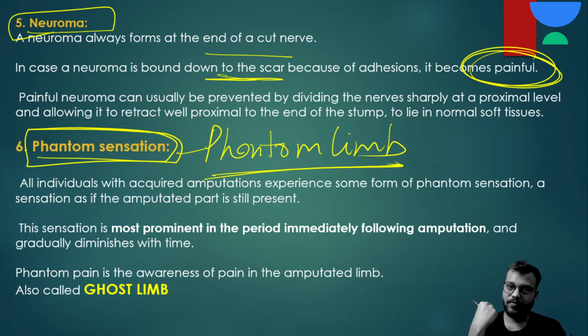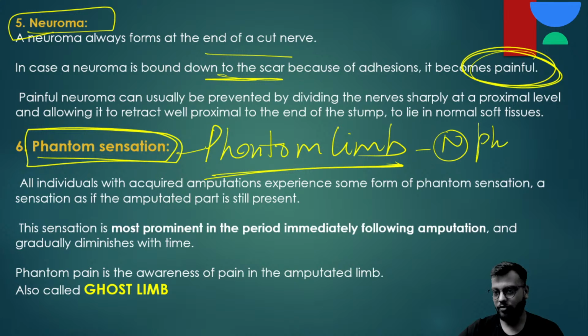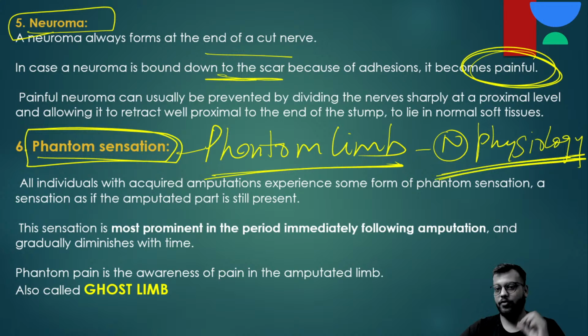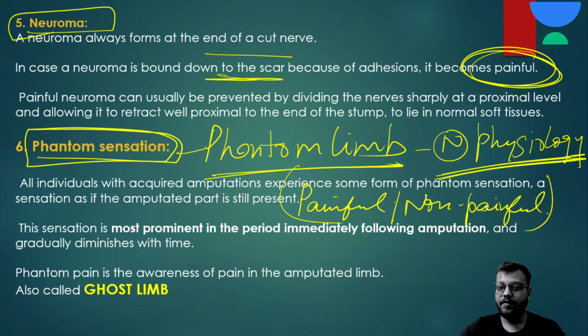So this is called phantom limb, and it is a normal physiological process that occurs in every individual going through amputation. Okay, and note that painful as well as non-painful, both types of sensations can be there, very importantly, and they are most often painful.